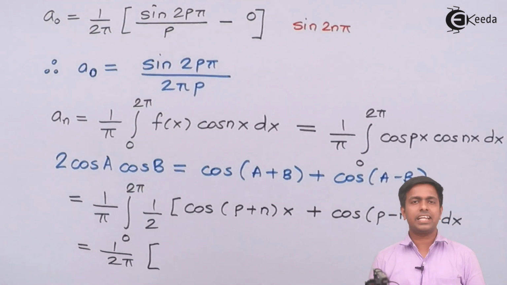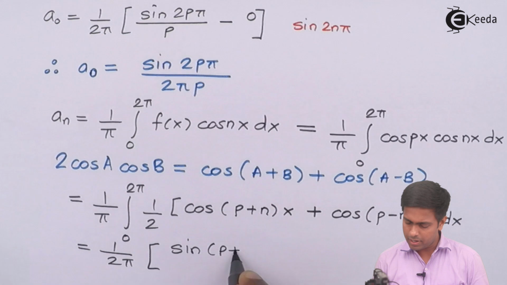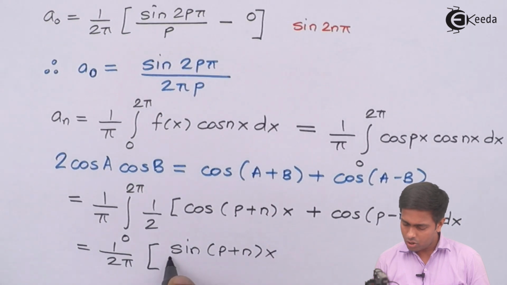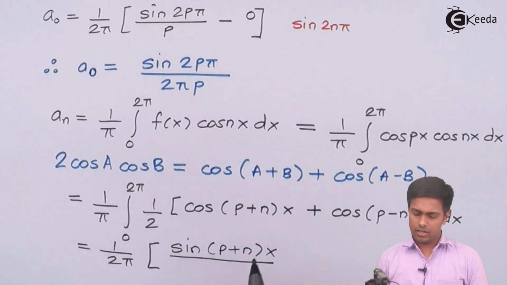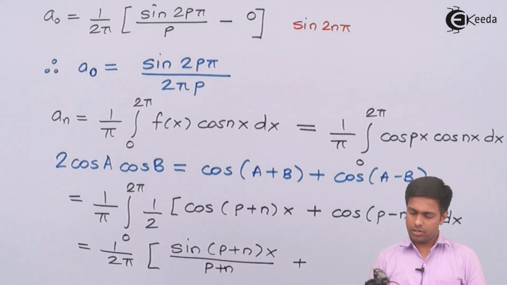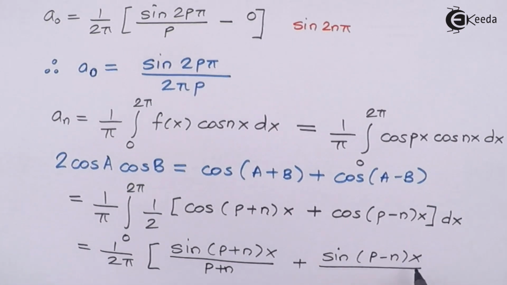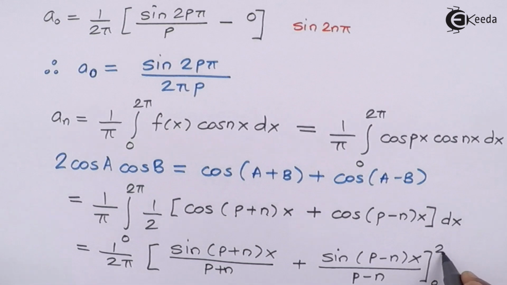So what is the integration of cos of (p plus n)x? It's sine of (p plus n)x upon the derivative of this, which is p plus n, plus here it is sine of (p minus n)x upon the derivative of this, which is p minus n, and this is from 0 to 2 pi.